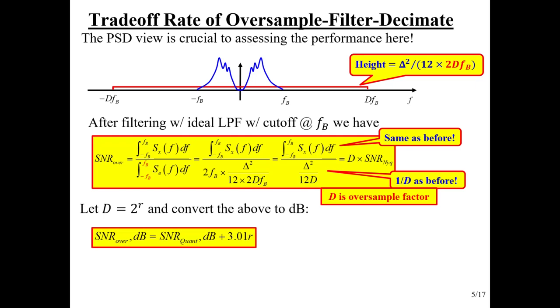So let's convert this into dB, and it's convenient just for this analysis to let D be equal to 2 to the R. So whatever D is, I can pick an R that's appropriate to get that D value. And now if I take 10 log 10 of 2 to the R times SNR Nyquist, I get this.